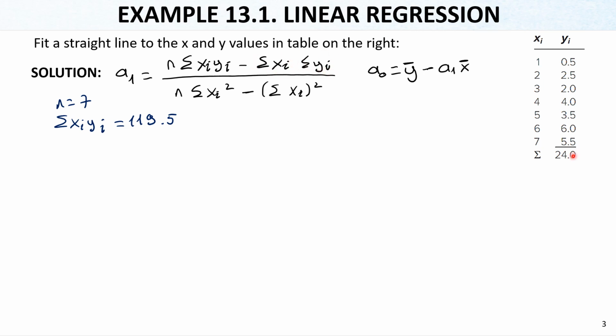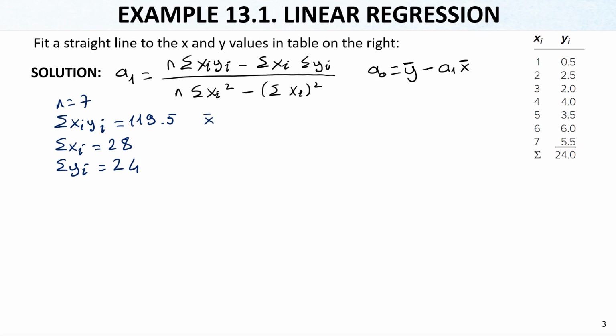You can see here that the summation of yi is 24. The summation of xi we can calculate too, from 1 to 7, so it is 28. Okay, we found these. We will put these in here. Then we also need y and x means.